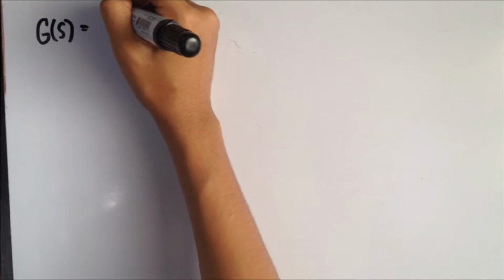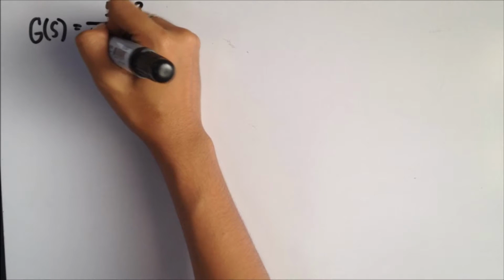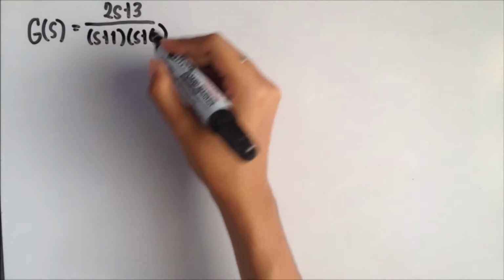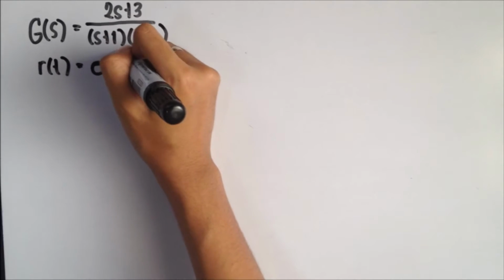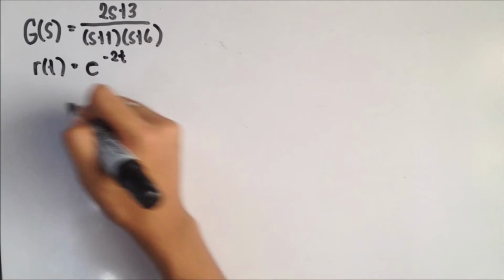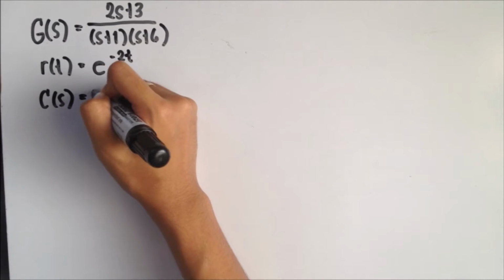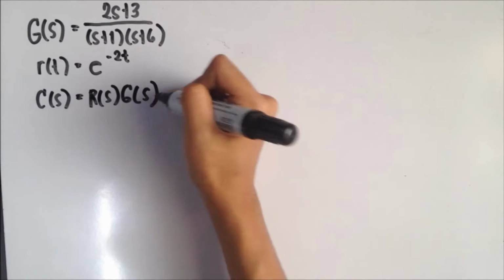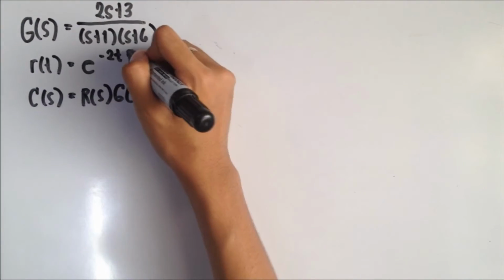So for the equation before, we have the given g of s equals 2s plus 3 all over the quantity of s plus 1 multiplied by the quantity of s plus 6. We have another given, which is r of t equal to e raised to negative 2t. So we have the formula for the output response c of s, which is equal to r of s times g of s. We have g of s but not r of s, but we do have r of t.